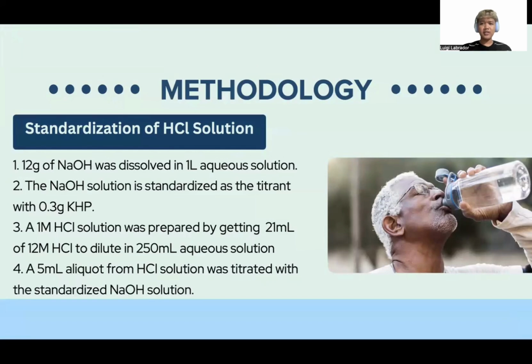We use this standardized sodium hydroxide by titrating it against a 5 ml aliquot of a 1 molar hydrochloric acid solution. The 1 molar hydrochloric acid solution is prepared by getting 21 ml of a 12 molar hydrochloric acid solution and diluting it into a 250 ml aqueous solution.